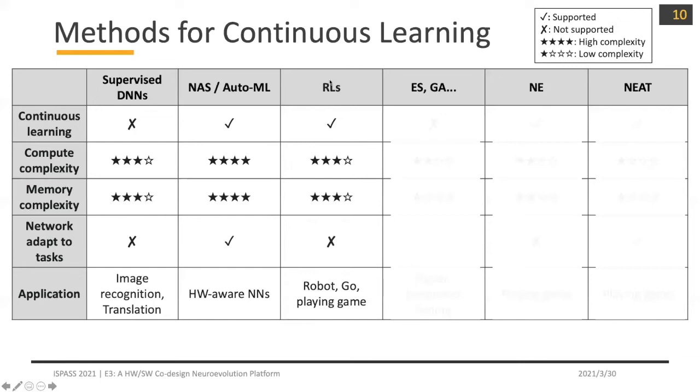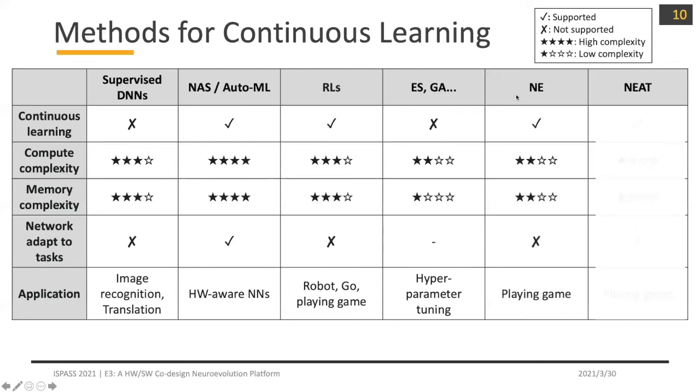And we have talked about reinforcement learning, which can do continuous learning. However, it has forward and backward path, so it has comparatively high compute and memory complexity. And you need to predefine the neural network. The basic ES and GA case cannot do continuous learning. And the variant of it, neuroevolution, has a DNA inside.